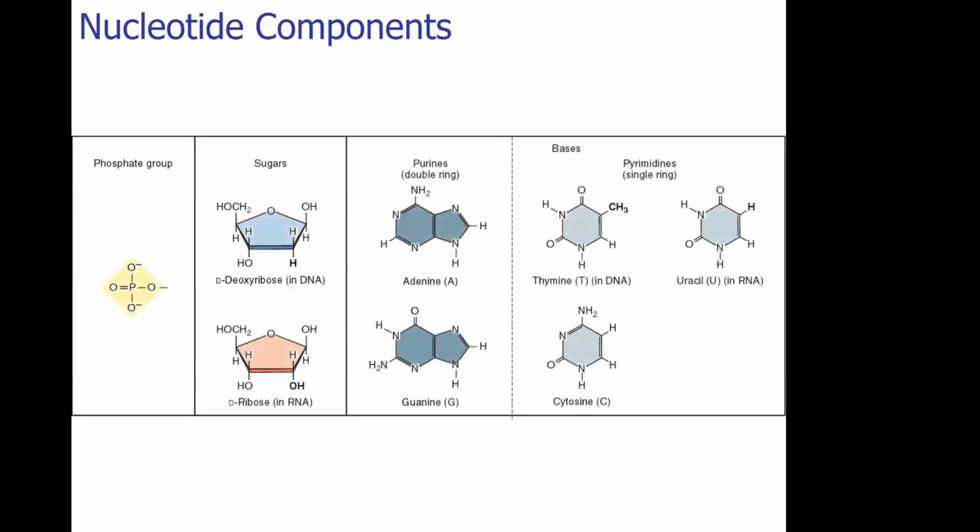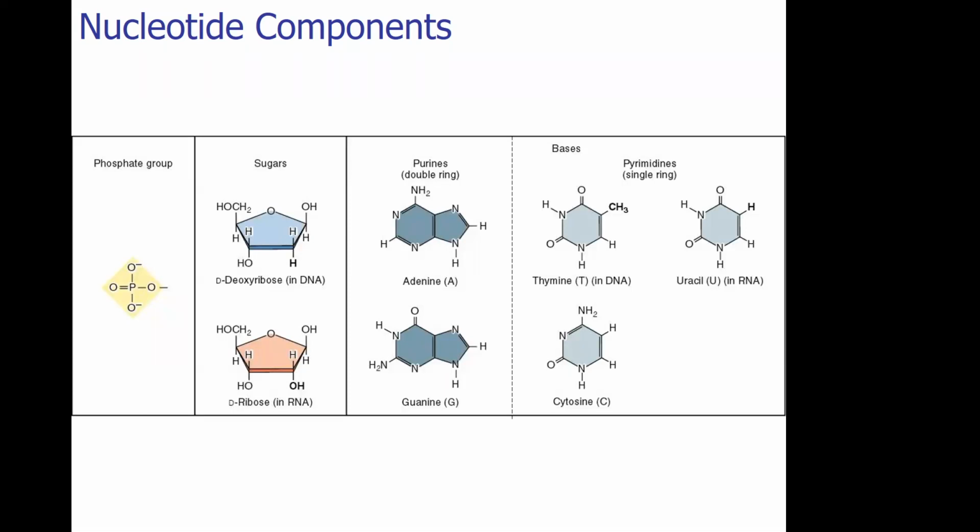So what are the basic components of all nucleotides, whether they be RNA or DNA? Everything has a phosphate or phosphate groups as part of their structure. If you're DNA or RNA, the defining difference between the nucleotides is the sugar. The sugar molecule of the nucleotide is the difference between DNA and RNA. Nothing else matters.